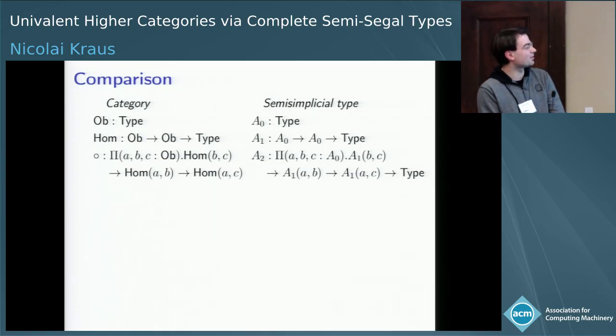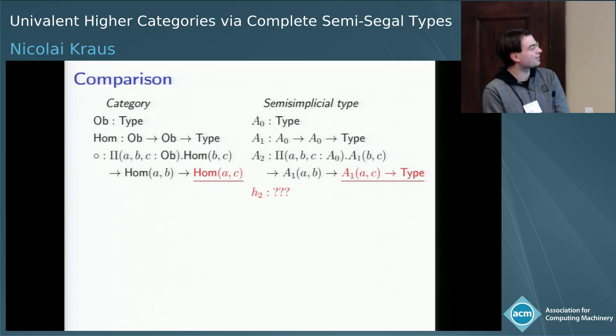But now the next bit is a bit different, because the composition operator gives us, for something from B to C and something from A to B, something from A to C. But for semi-simplicial types, it's a bit different, because there it gives us a family of types indexed over these edges from A to C.